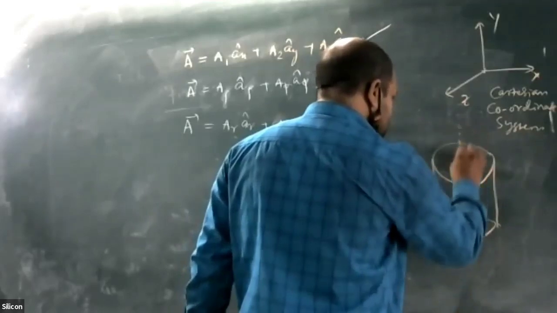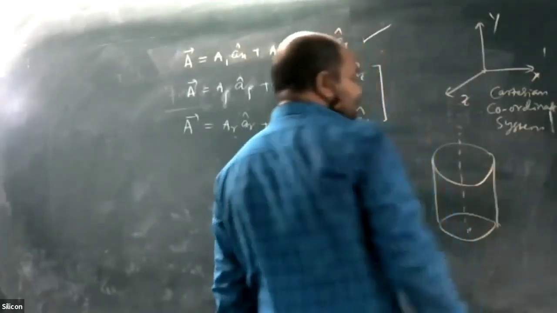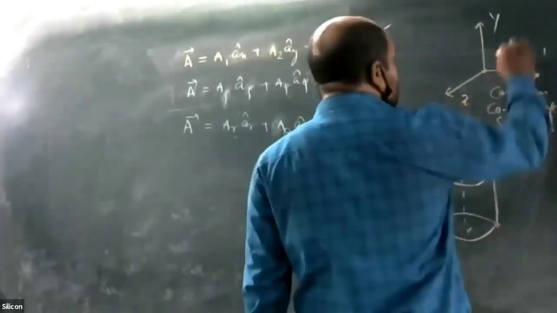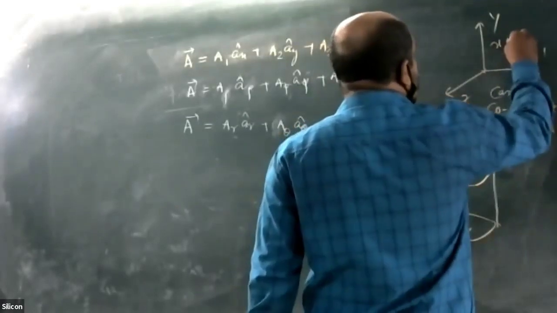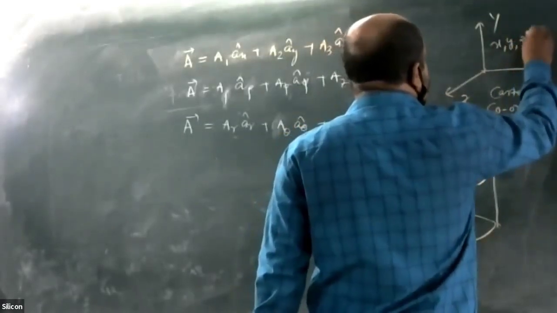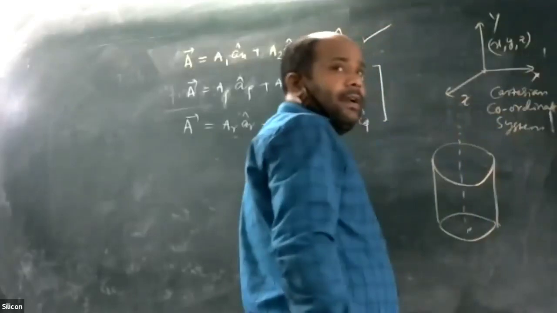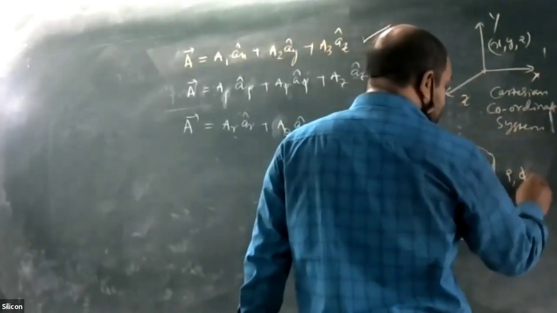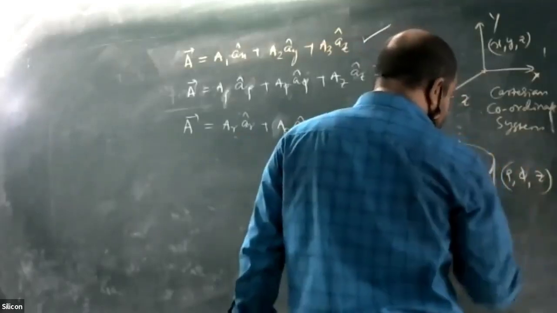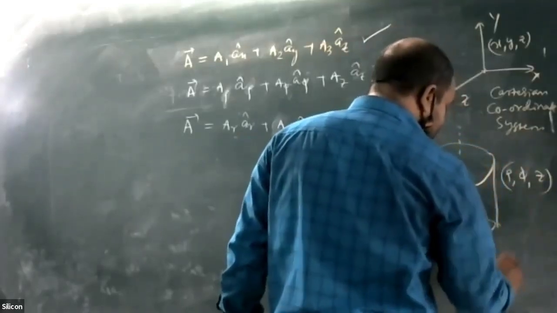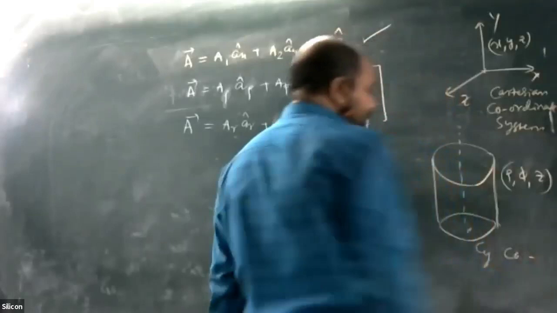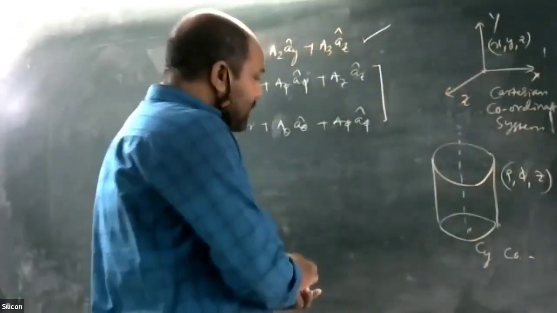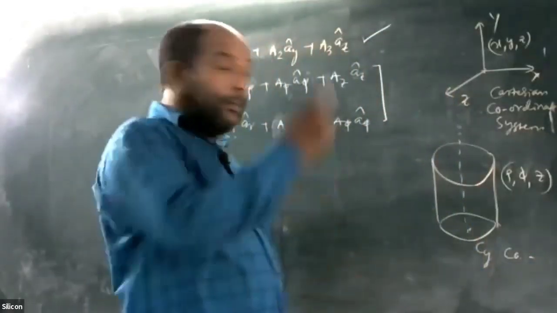In Cartesian coordinate system, we can represent any coordinate as x, y, z. In cylindrical coordinate system, we can represent it as rho, phi, z. This is known as a cylindrical coordinate system. Another coordinate system is known as the spherical coordinate system, please all of you write.